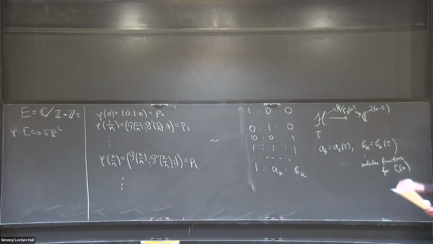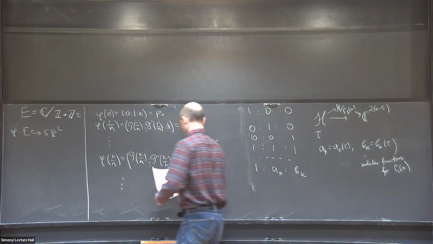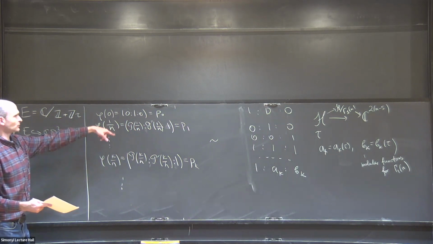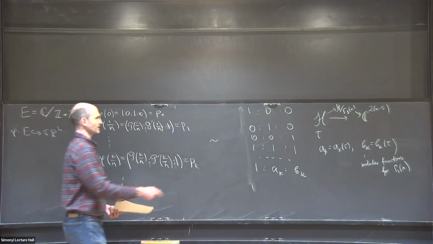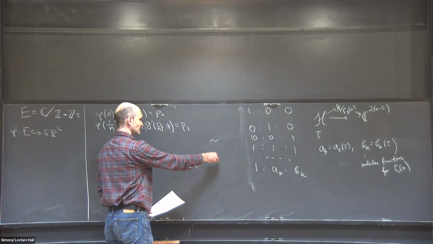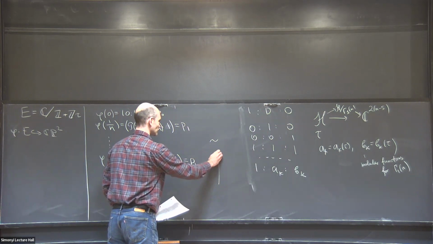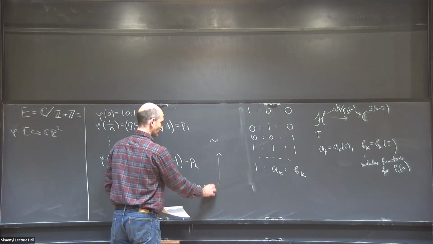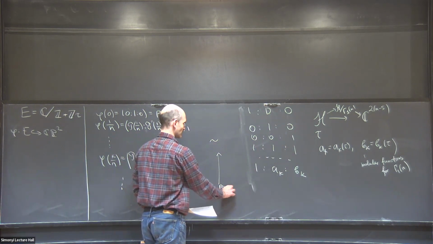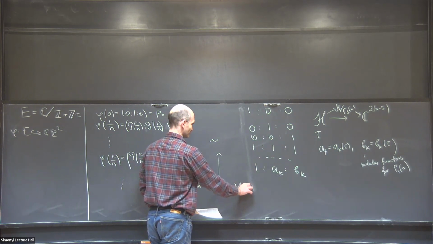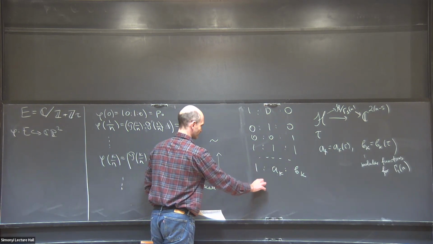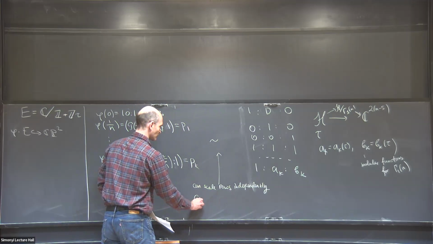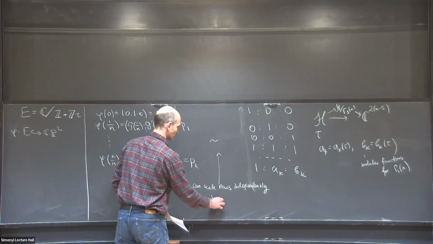And okay, how do you compute them? Well, to do this, we have to understand what we are allowed to do in this equivalence. So here is what we're allowed to do. We can scale rows independently, and we can also do GL3C on columns.